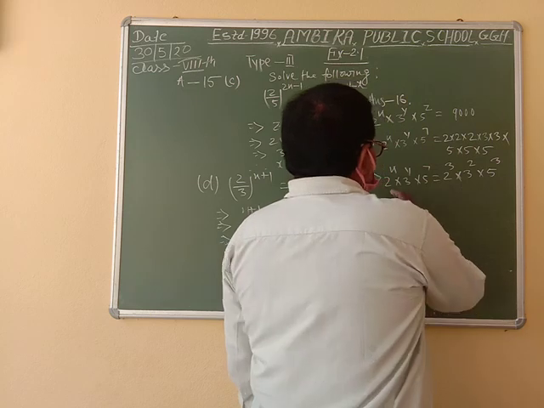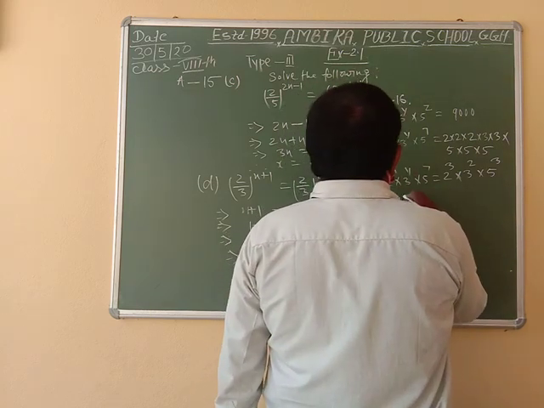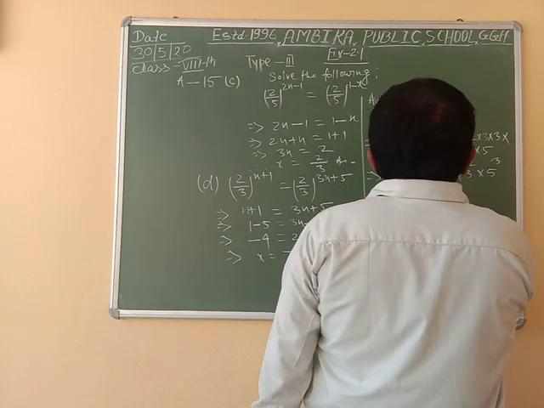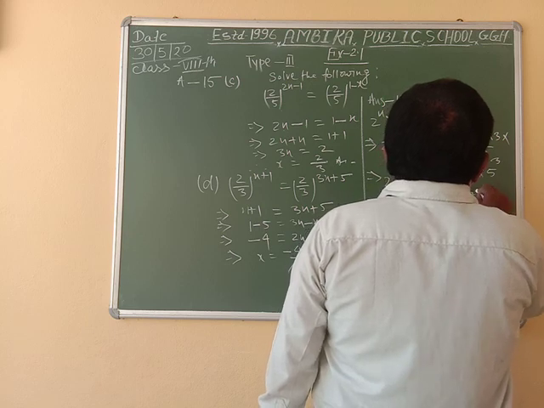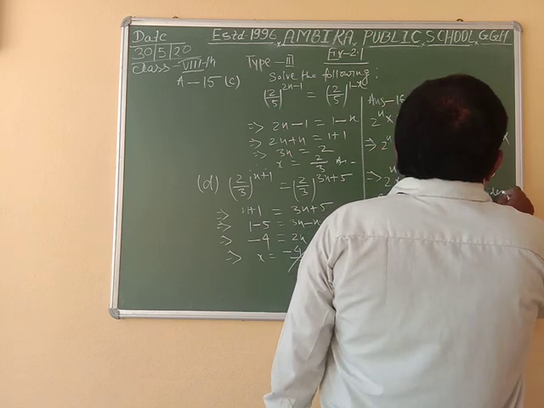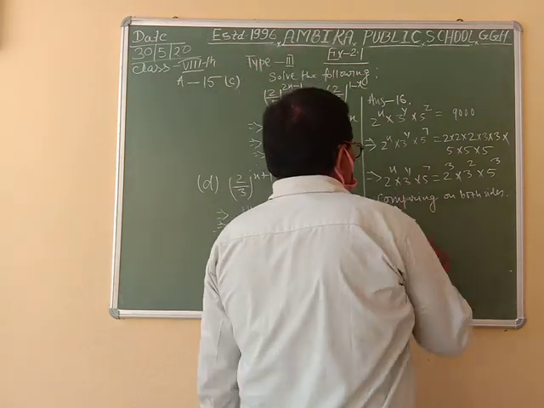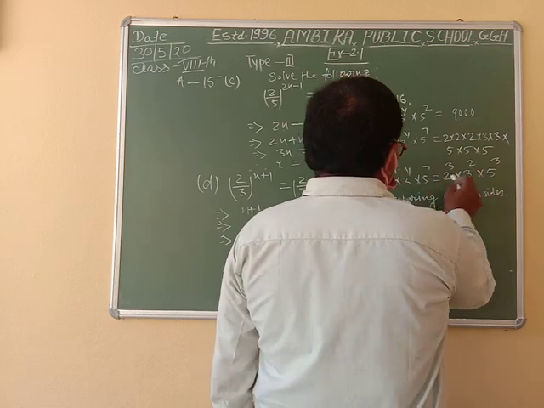Here we see that comparing on both sides, bases are equal on both sides: 2, 3, 5.